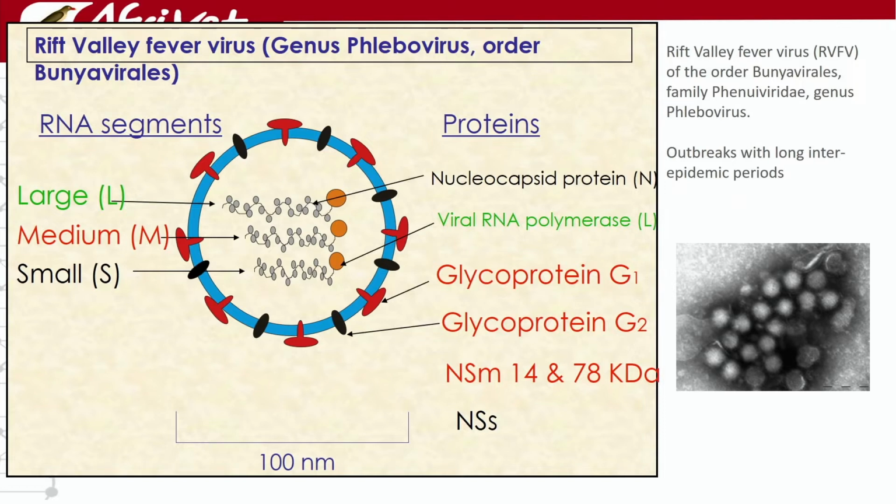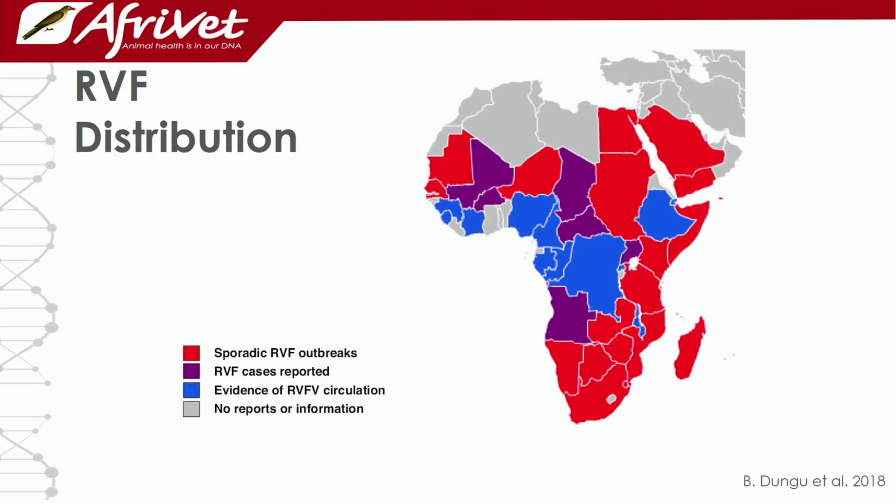So just for interest, it's an RNA virus. We heard yesterday, I think somebody was saying how RNA viruses are the ones that have been some of the biggest problems on a regular basis for outbreaks. It's quite widespread in Africa. As you can see, it's mainly an African problem, though it has also occurred in the Middle East. And the name Rift Valley fever corresponds to a physical structure called the Rift Valley that goes from Madagascar all the way to Saudi Arabia.